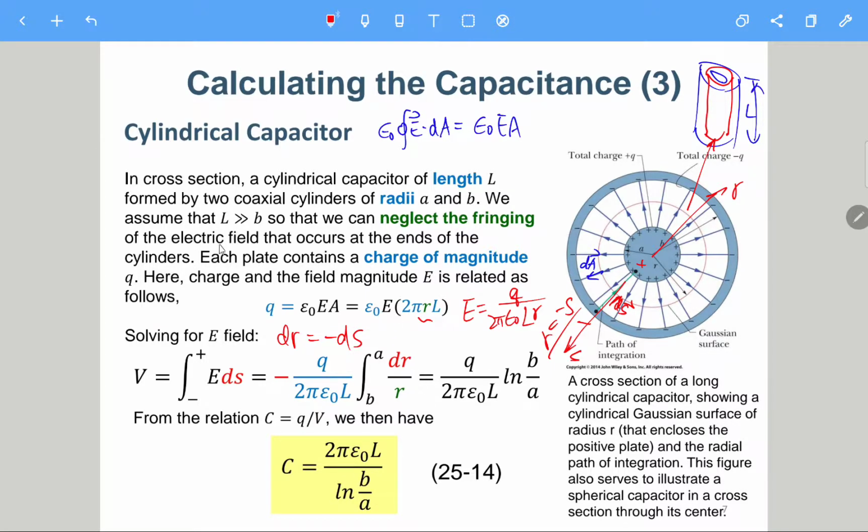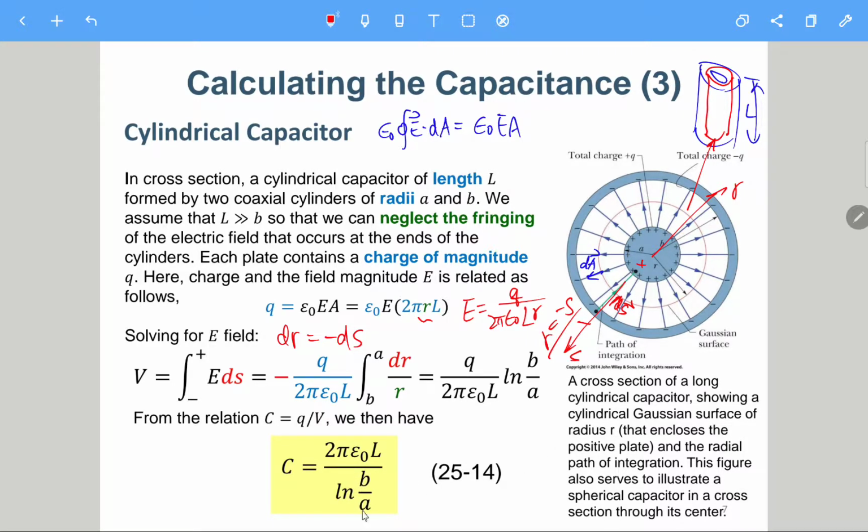We already know that B must be larger than A, because this is the outer radius and this is the inner radius. So B over A must be larger than 1, so the natural log of B over A must be larger than 0. But if B over A is smaller, then this term will also be smaller, because the natural log is a monotonic function.